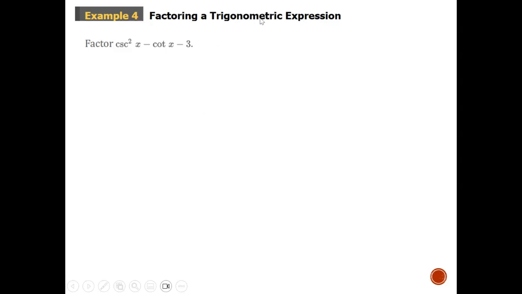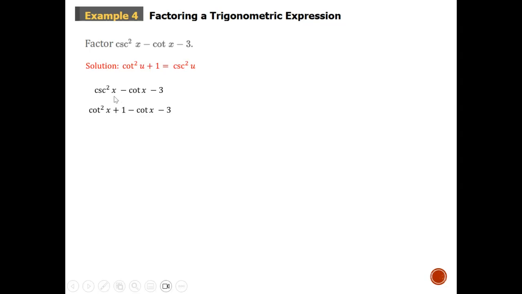Now we're factoring a trigonometric expression. We're continuing factoring, but now you notice these are not the same. So what can we do? We're going to go back and use our Pythagorean identities. Since we have cotangent, I have to convert the cosecant squared x into something with cotangent. So I'm going to plug in cotangent squared x plus 1 for the cosecant squared x.